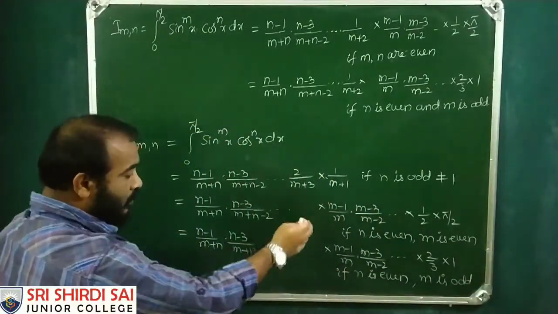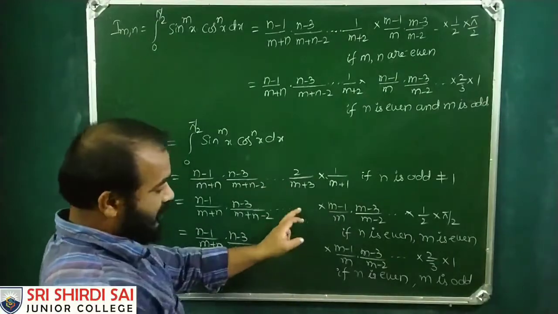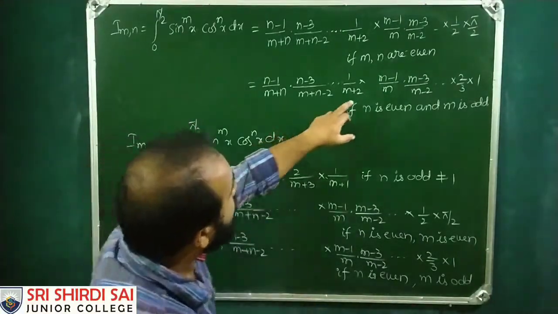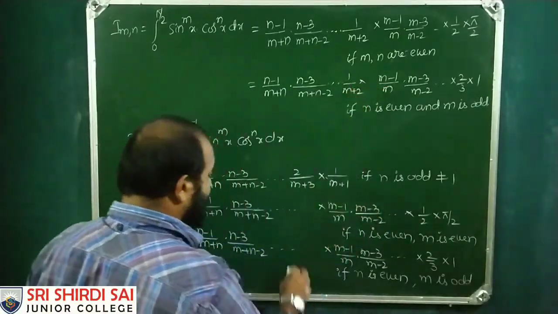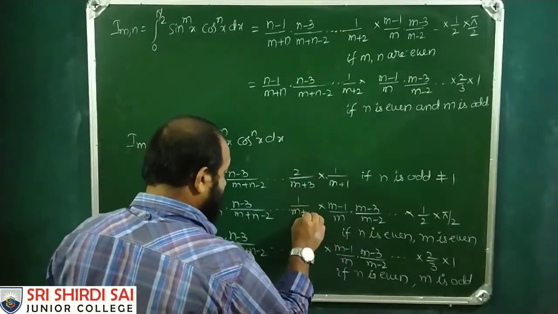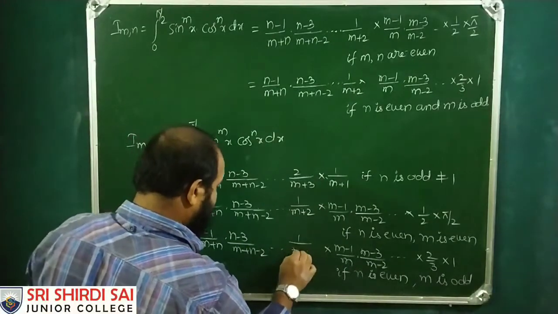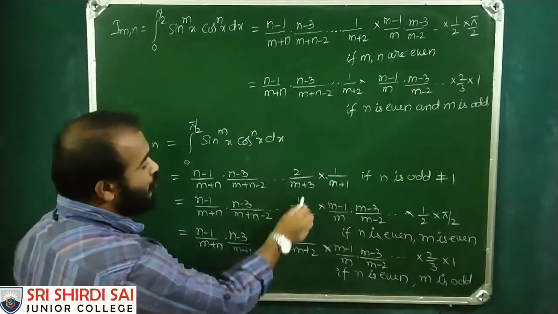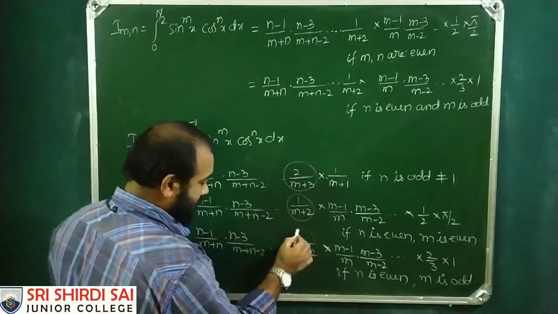So if you want to write the previous term of this, how much will it be? We have discussed just now. This is 1 by (m plus 2). My earnest request to you is not to remember these.